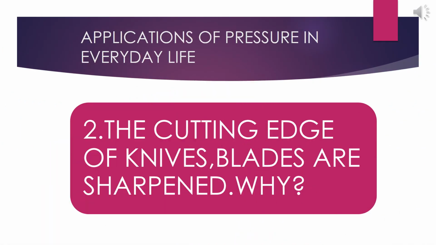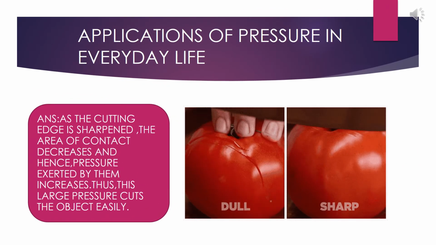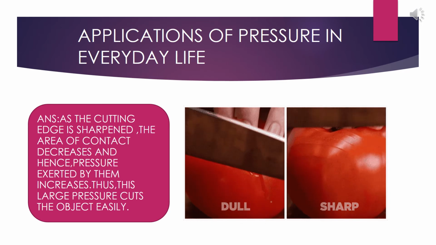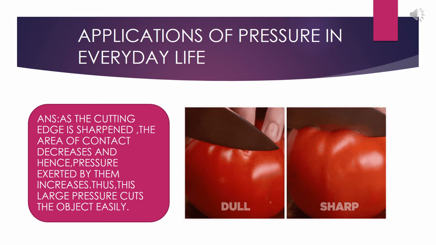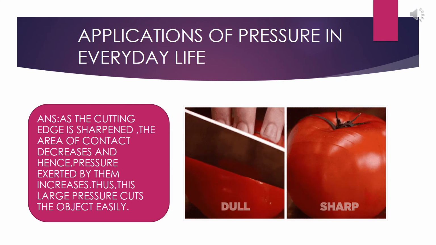The second application of pressure in everyday life is this one. The cutting edge of knives' blades are sharpened. Why? Kindly guess. Yes, just look at this picture. In one picture there is dull knife and in one picture there is sharp knife.